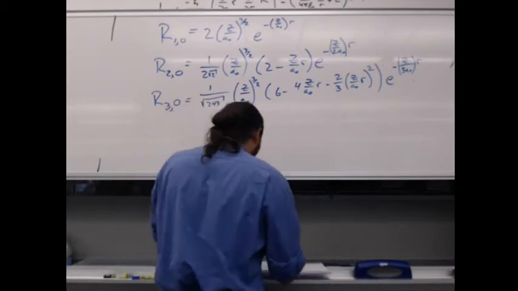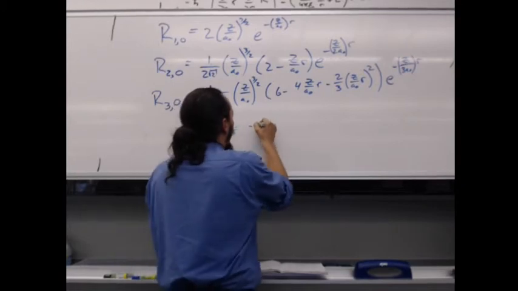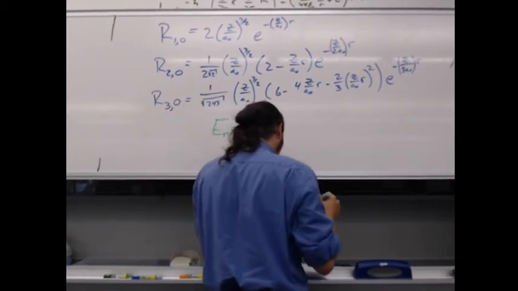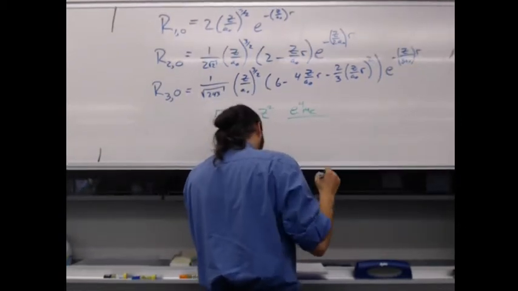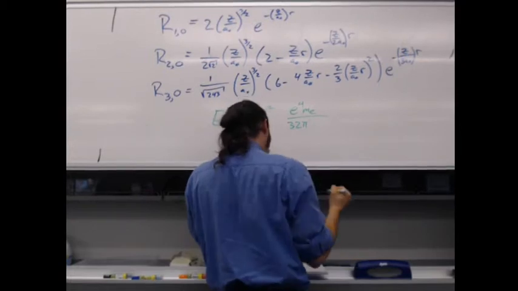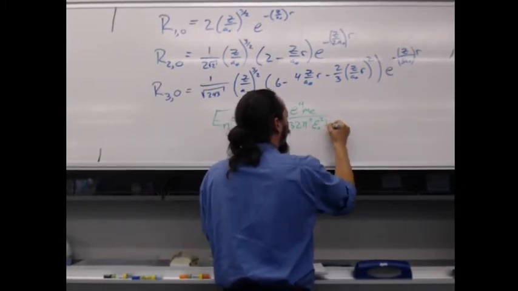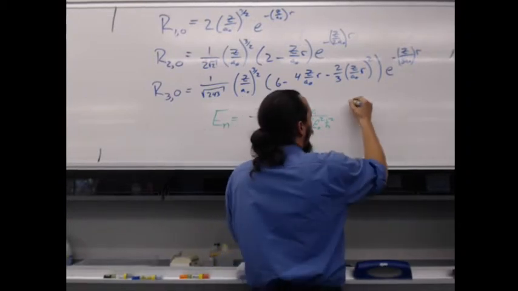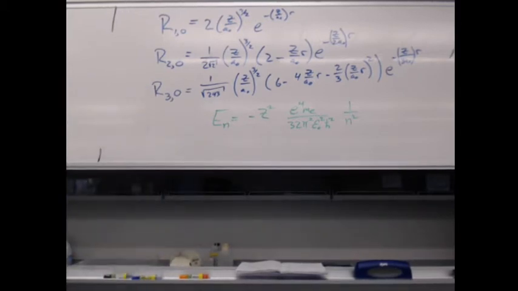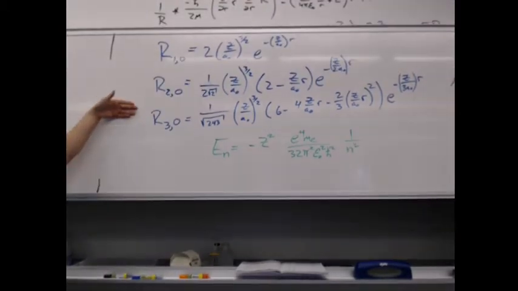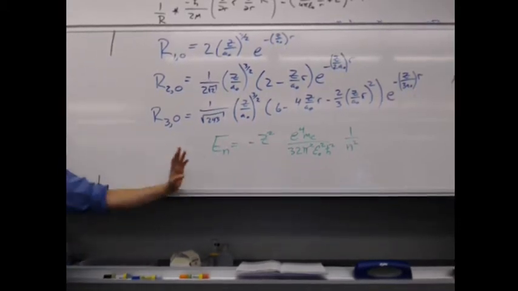If we actually went through and solved this with our boundary conditions, we get a negative Z squared e to the fourth mass of electron divided by 32 pi squared epsilon naught squared h bar squared times 1 over n squared. That's what we get for the energy eigenvalues using these radial terms, applying the appropriate boundary conditions from 0 to infinity.